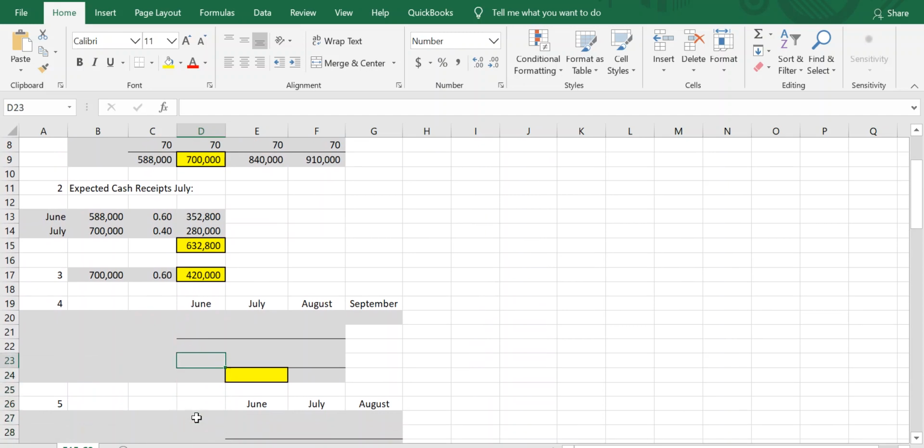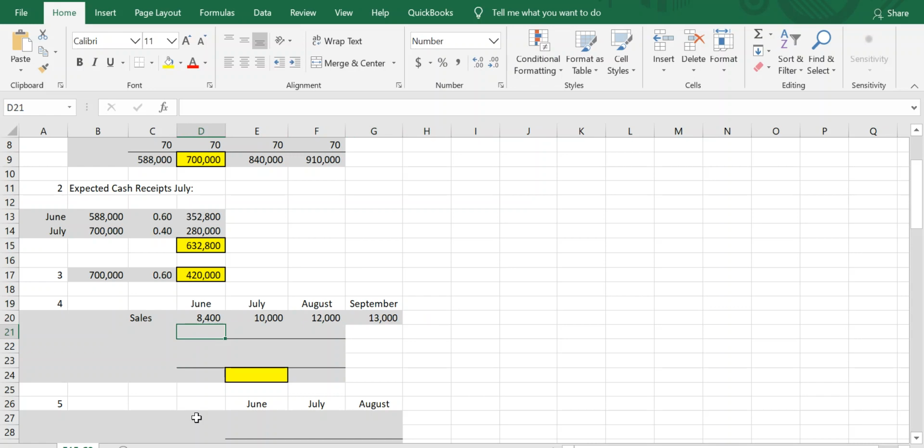We're going to start with the sales that we have in units. So we have 8,400 units in June, 10,000 units in July, 12,000 in August, and 13,000 in September.